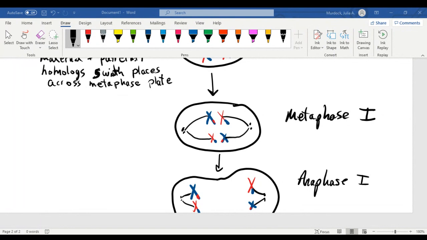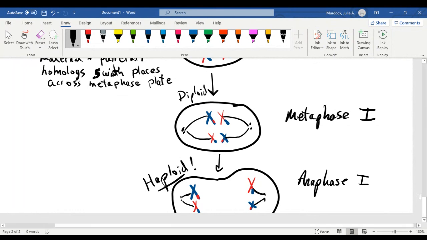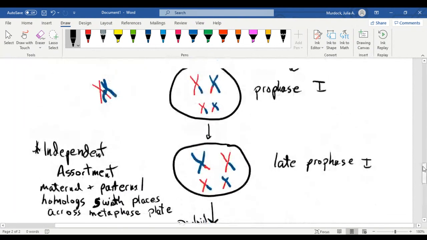So it's Anaphase I that is the place where you first have haploid cells, right? It was diploid here. It was still diploid. The red X and the blue X's were still together. As soon as you separate the paternal from the maternal X's, it's now haploid. And then after that, all you're really doing is separating the copies, the sister chromatids, right?